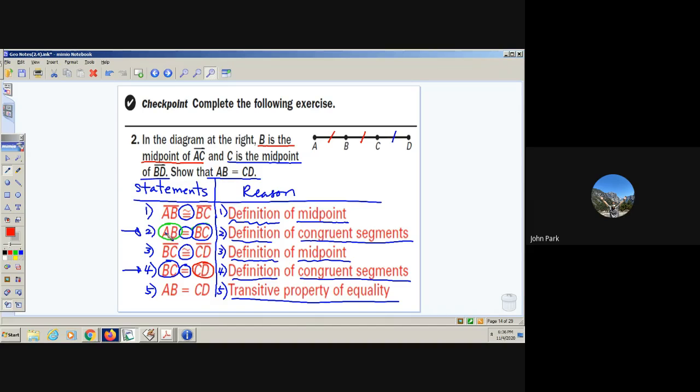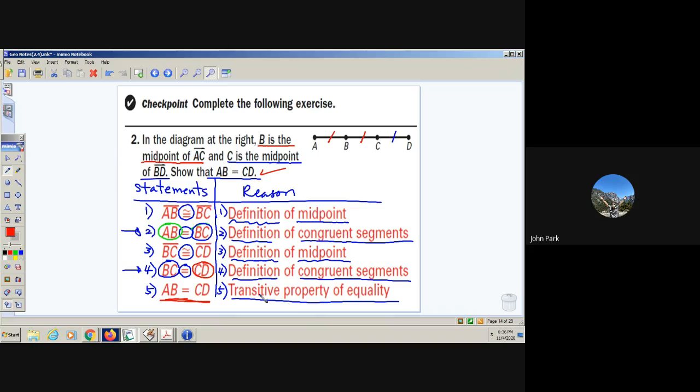So kind of like our law of syllogism, the transitive property skips and jumps over from the beginning to the end because the middle part, BC, is the same. So then we can say AB is also equal to CD, and that's what we're trying to prove right here, right? So we were able to prove that on the last step. So then we're done. And we got here using the transitive property of equality.